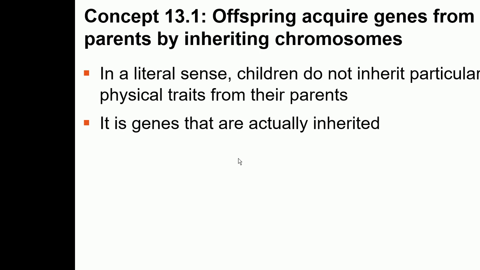Offspring acquire genes from parents by inheriting the chromosomes. The chromosomes are there in the gametes. Like we talked about in chapter number 12, in humans we have 46 chromosomes, or 23 pairs of chromosomes. The very important feature of mitosis is that from one parent cell, two daughter cells are formed, and they are genetically identical to each other, which means the same kind and same amount of DNA: 46 chromosomes in the parent cell, 46 chromosomes in the daughter cells.